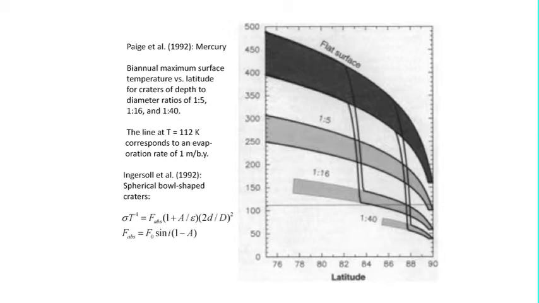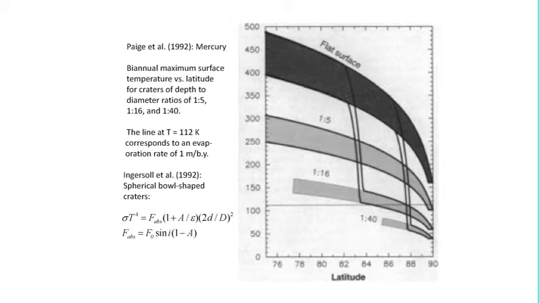Little d is depth, big D is diameter. And I show this formula just to show you that the temperature goes down as the depth to diameter ratio squared goes down. And that's pretty much borne out by this more detailed calculation that Dave Page did for more realistic crater shapes.